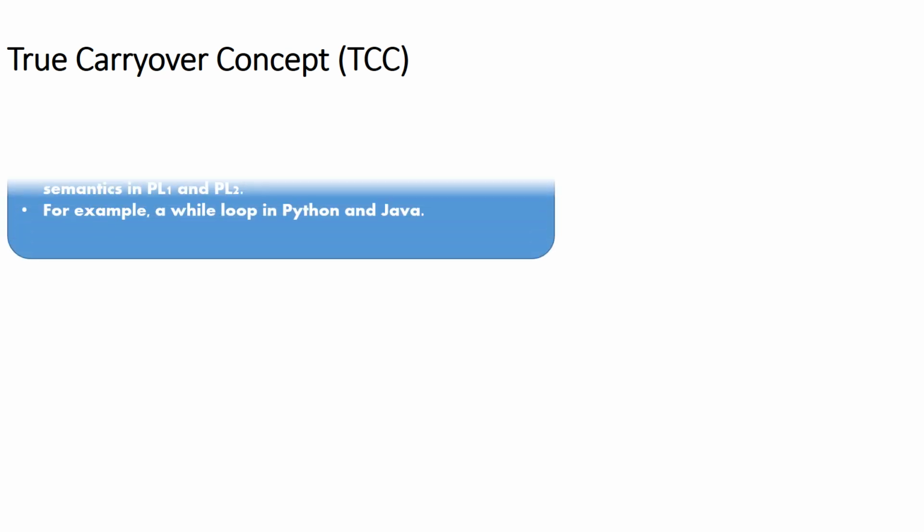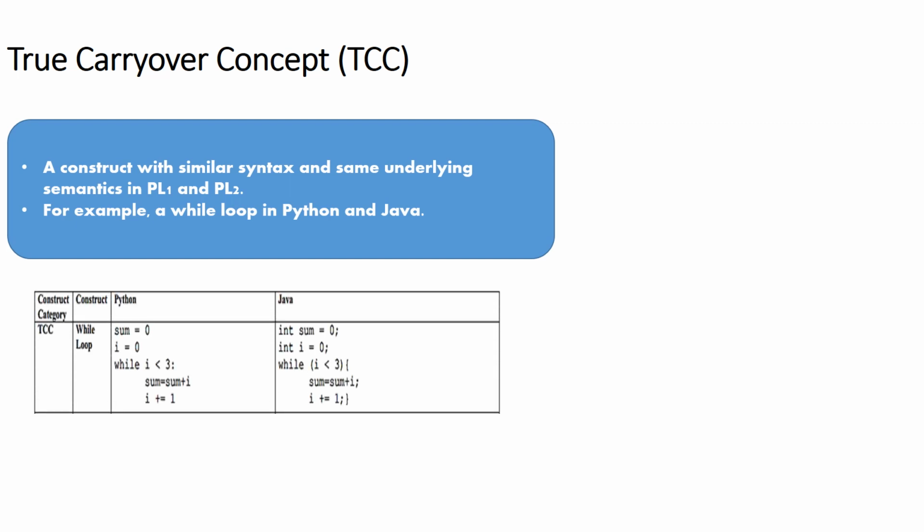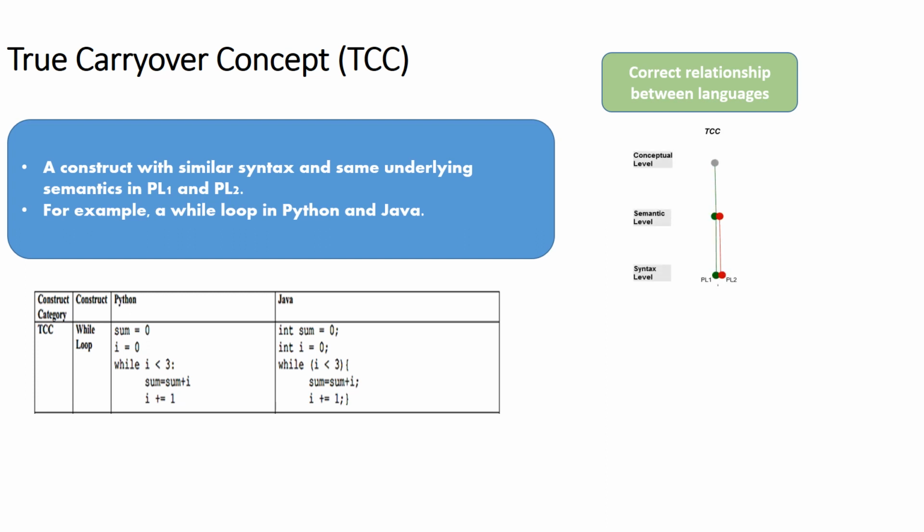A true carryover concept, or TCC, is a construct with similar syntax and the same underlying semantics in programming language 1 and 2. For example, a while loop in Python and Java. The correct relationship between languages of a TCC in a programmer's knowledge structure should show no branching from concept to semantics and syntax because the 2 languages share similar syntax and semantics.